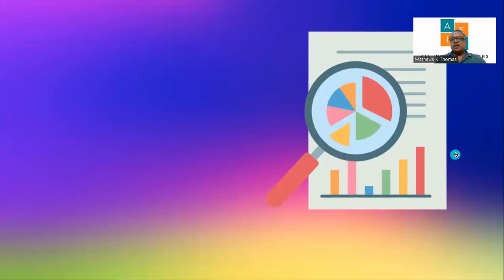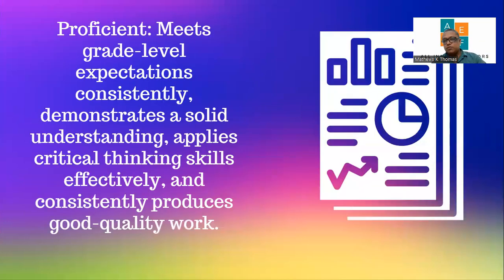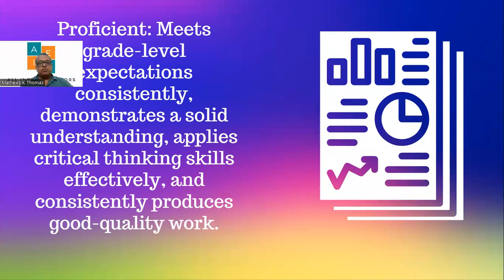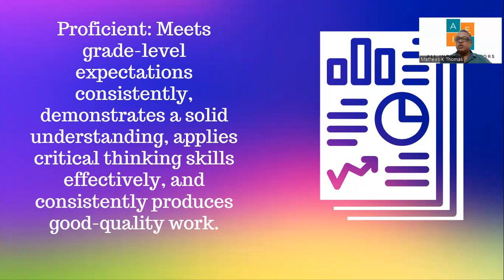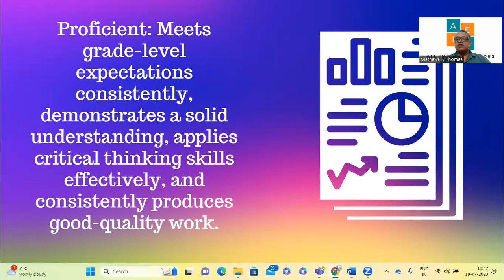Then the next category of students will be proficient. Proficiency means you have achieved the required skills, but not exceptionally, but consistently they are producing the levels as expected by the school or the teacher. And they are also applying it effectively, and they are also consistently producing good quality. So proficient and outstanding, there is a slight difference.